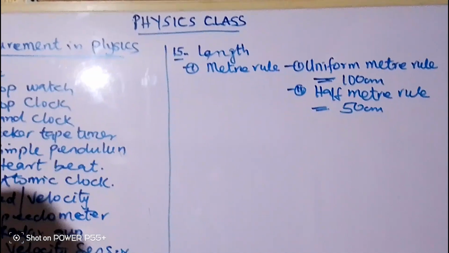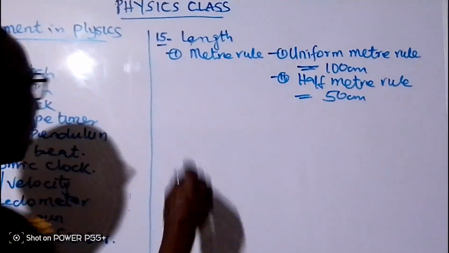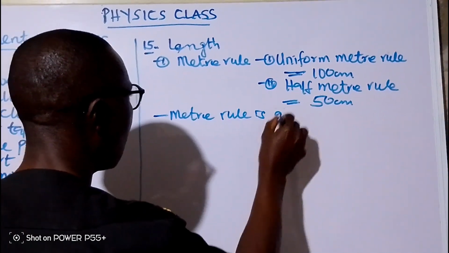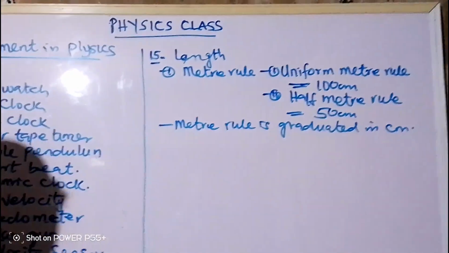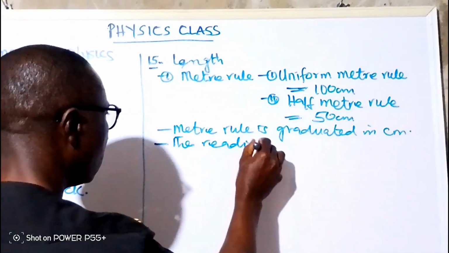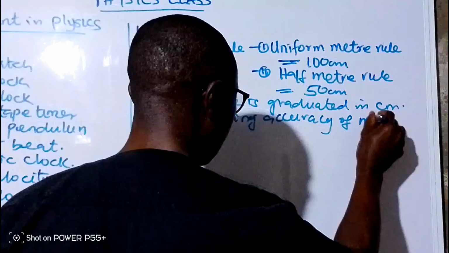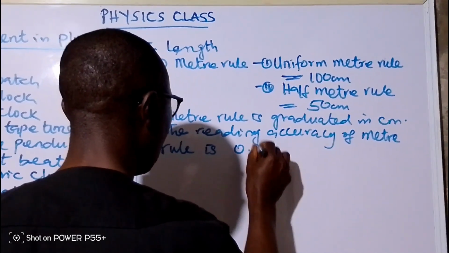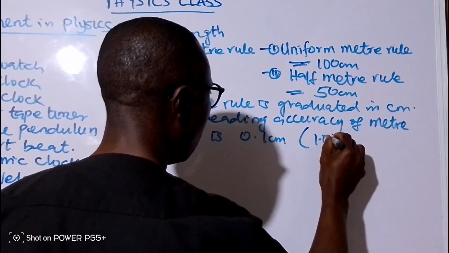Now, from what we have written on the board, we can say that meter rule is graduated in centimeter, and the reading accuracy of meter rule is 0.1 centimeter, or rather 1.0 millimeter.